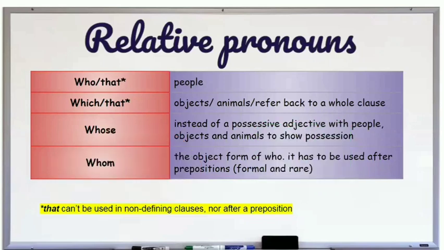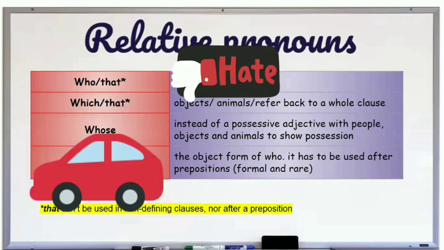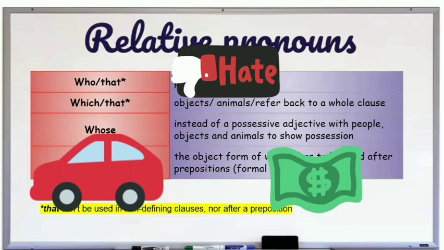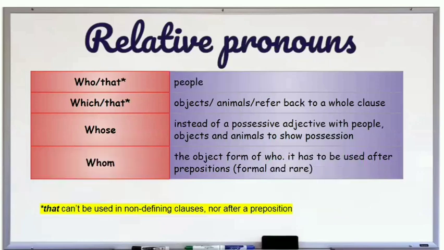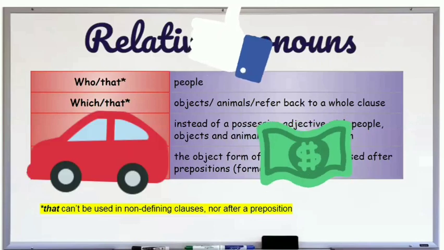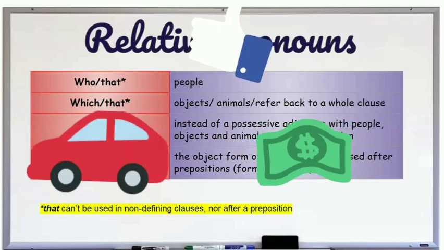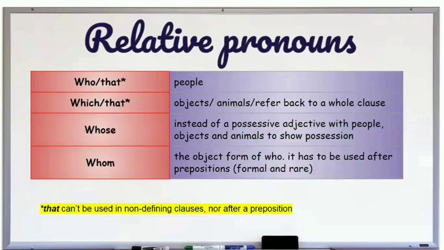But I can't say, following this rule, this is a car for that I paid 2,000. This is grammatically wrong. I have to say, this is a car for which I paid 2,000 pounds. So again, this is quite formal and it's not very usual, but take that into consideration.